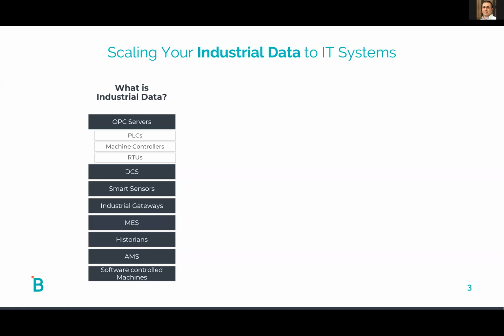These are definitely important sources of data and present significant challenges, but they're not the only industrial data. There are many other systems that have industrial data, including smart sensors, industrial gateways, MES systems, historians, asset management systems, HMIs, and all of this data is critical to your projects.